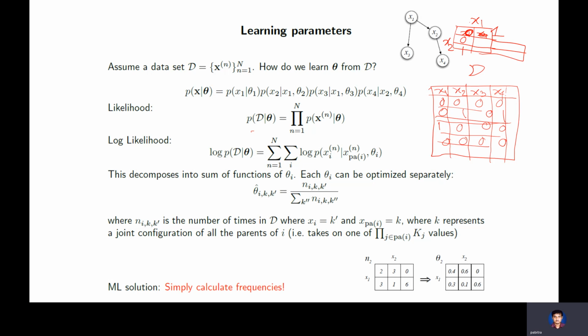That is the probability. It's just the ratio of the frequencies: in the denominator, in how many rows x1 equal to 0, and in the numerator, how many rows x2 equal to, let's say, 0. That is the value for the CPT at 0, 0. Similarly, you can fill up other entries of the CPT.